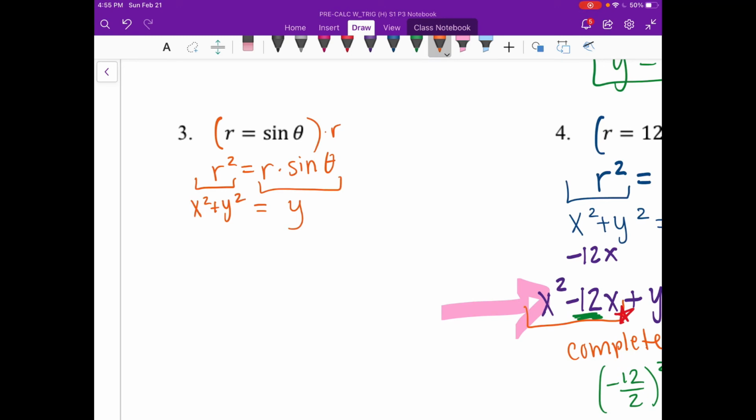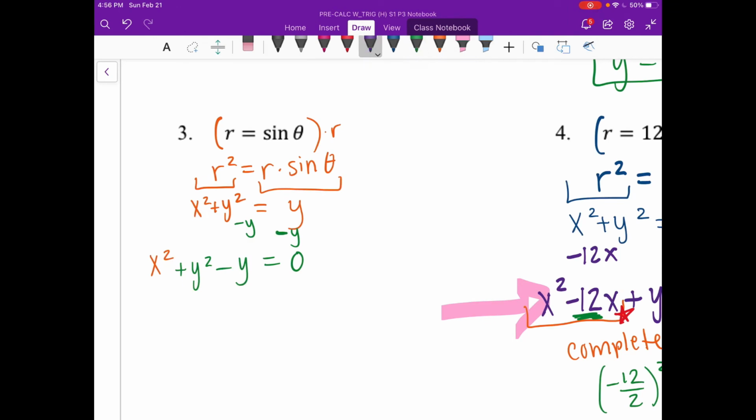Now, same thing, I need just one x term plus one y term in my equation. So what I'm going to do this time is subtract the y over this way. So I have 0 on the right, and this leaves me with x squared plus y squared minus y. So I'm going to focus here.